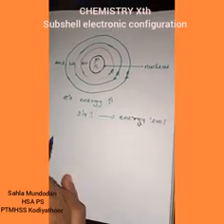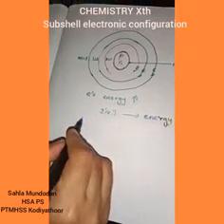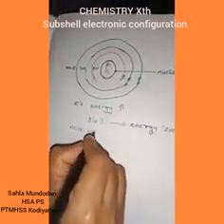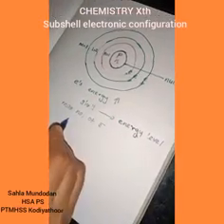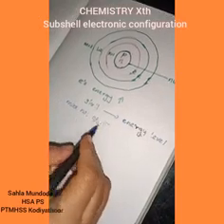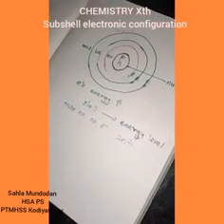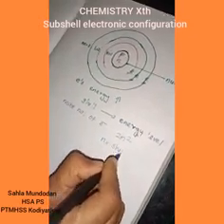Then, the maximum number of electrons in each shell is given by the equation 2n square. Here n is the shell number.